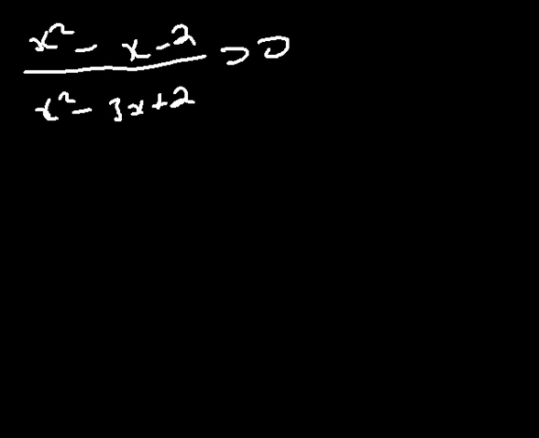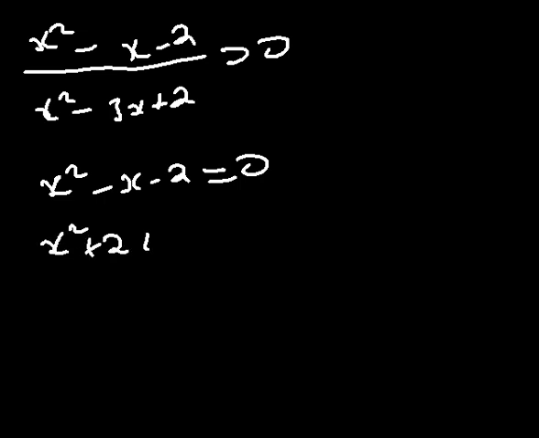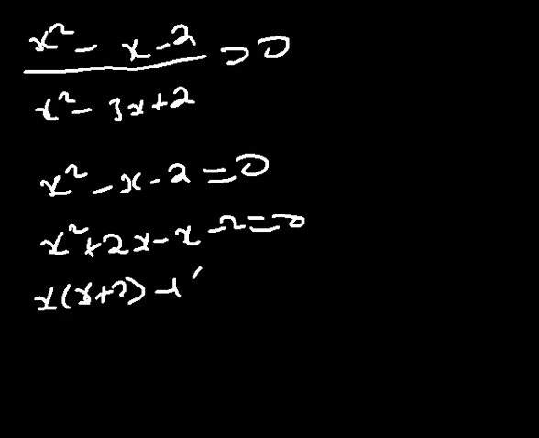So what is that? Now have x squared minus x minus 2 equal to 0. Now you should solve for x in this way. The factor method will work, such that we'll have x squared plus 2x minus x minus 2 equal to 0. And such that we'll have x times x plus 2, and negative 1 times x plus 2, equal to 0.